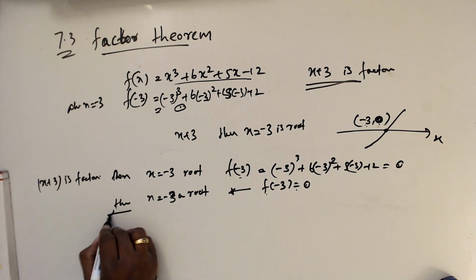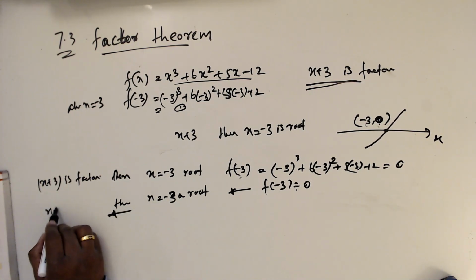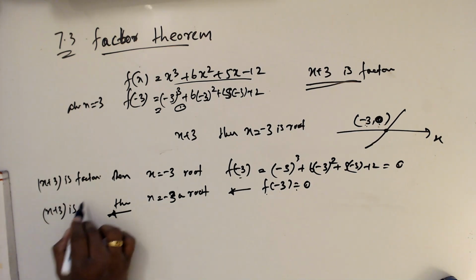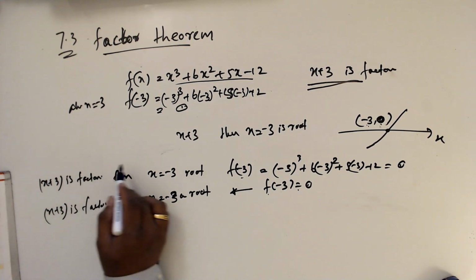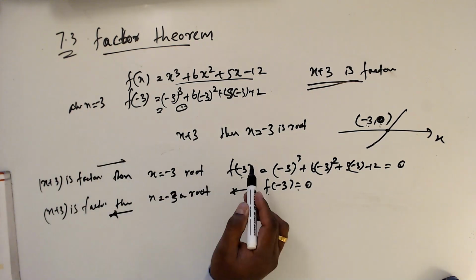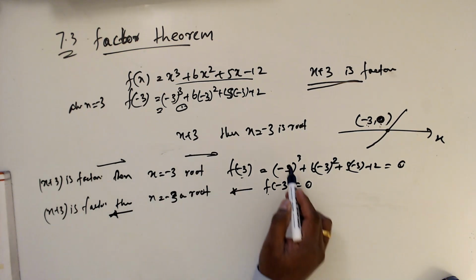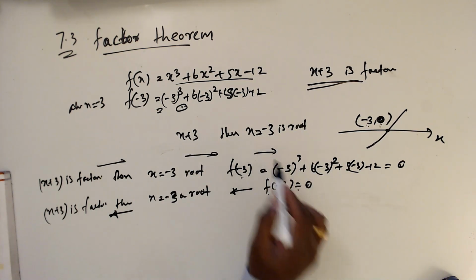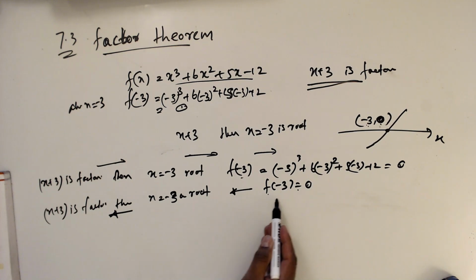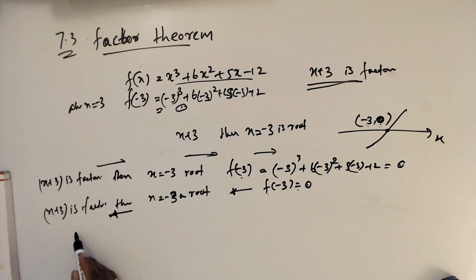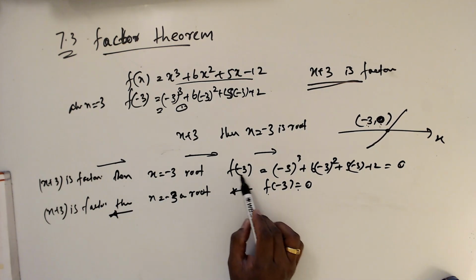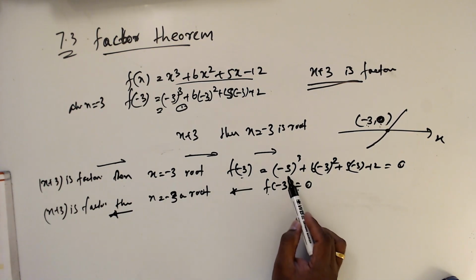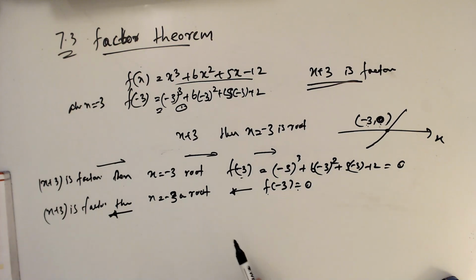Then you can tell x plus 3 is a factor. In the first one we go this direction, and the second one we come back. If x plus 3 is a factor, then x equal minus 3 is a root. When you substitute f(minus 3), you will get this answer.